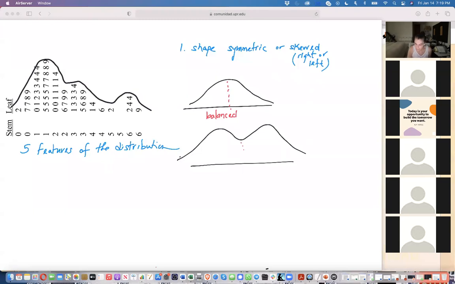This also has a center. And what I see across the center is balanced. I have just as many observations here as I have here. Okay, this is also symmetric. So it's not about the peaks. It's about the balance.